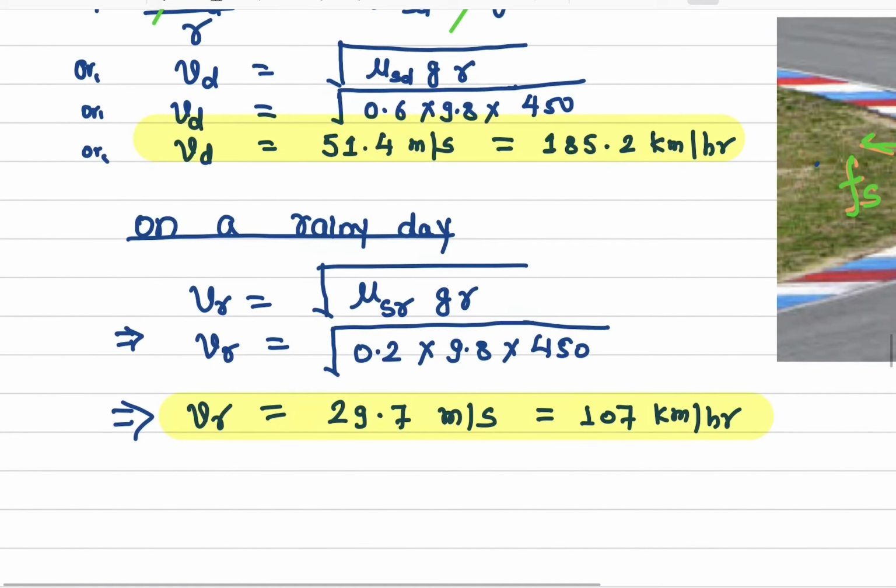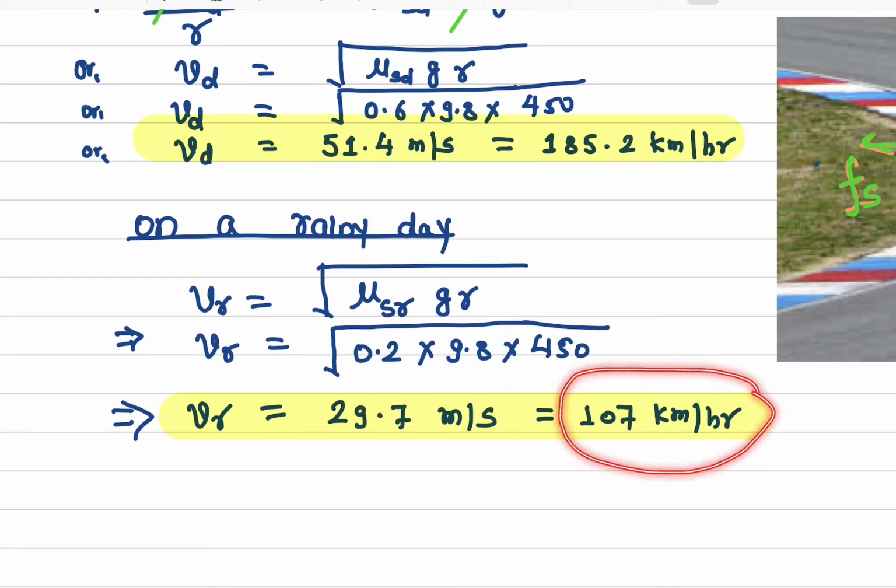If you do the same calculation on a rainy day, the only thing that changes is mu sd. Now you have to use mu sr, the coefficient of static friction on a rainy day, which is 0.2. If you solve it again, you'll get 107 kilometers per hour.